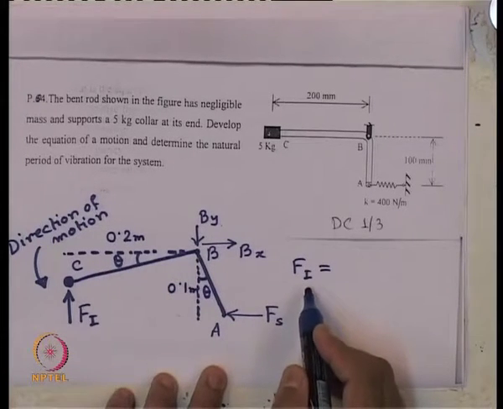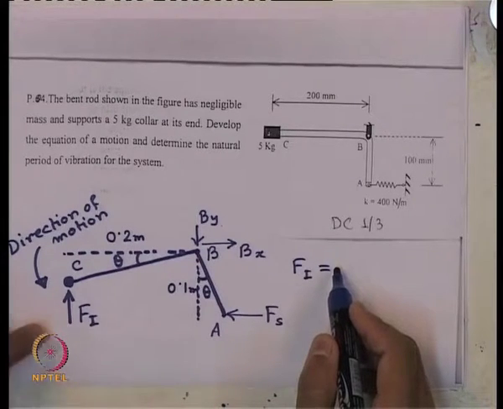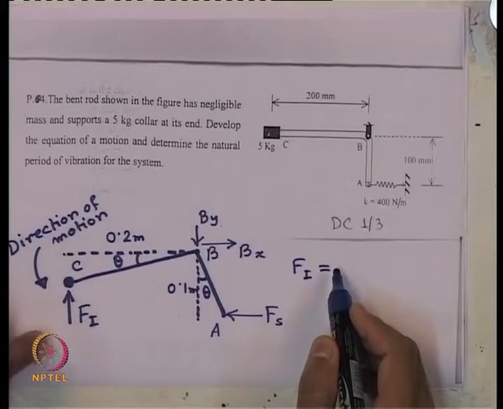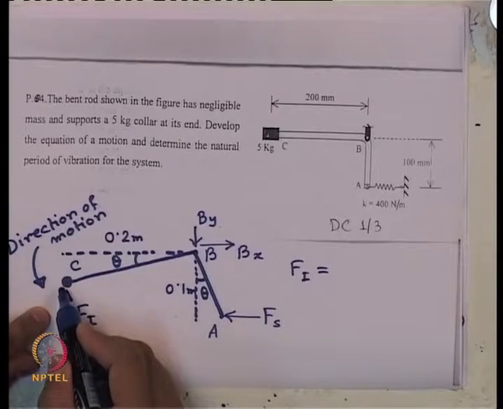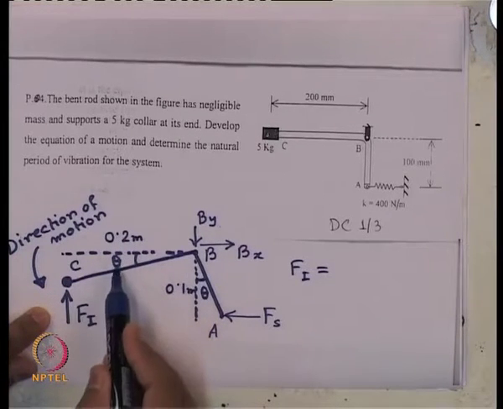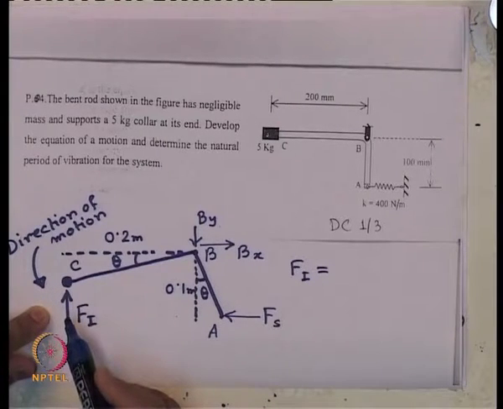So, F_I will be mass times the acceleration which the mass is experiencing. So, how much is the displacement at this point C? That is 0.2 times theta for a small theta, right. So, acceleration will be 0.2 theta double dot.